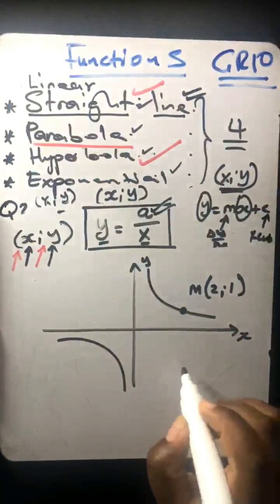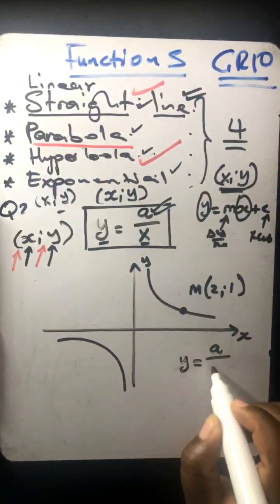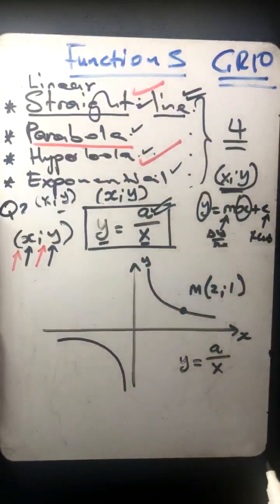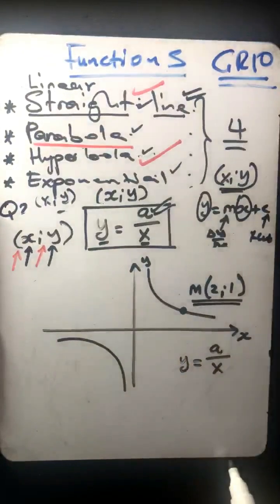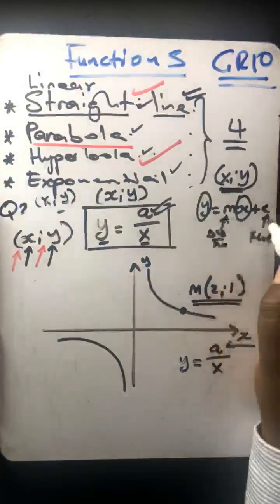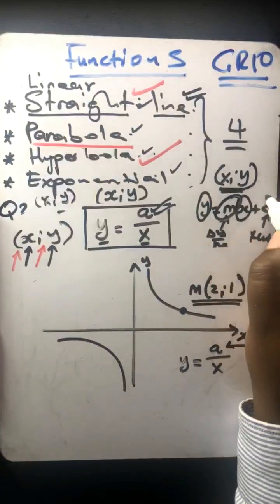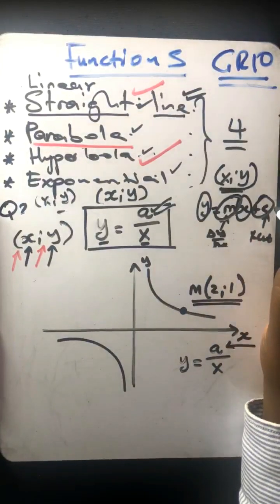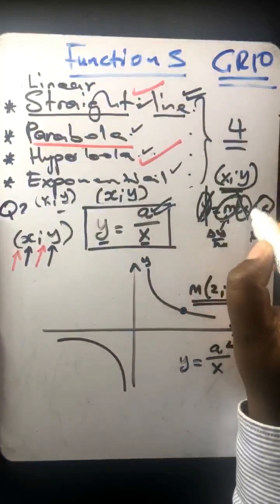So we know that generally the equation of a hyperbola is y equals a over x. So you need that point in order for you to determine the a value. Just like we did with a straight line, we needed 2 points to determine the m and the c, because we always want to have our equation in a form of x and y.